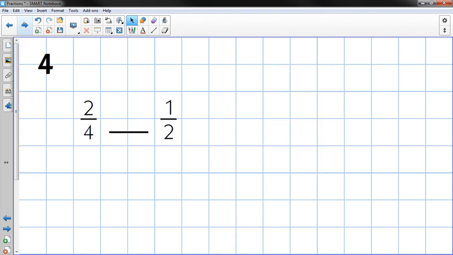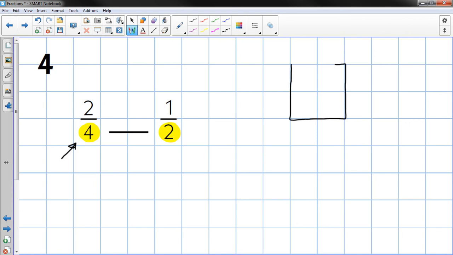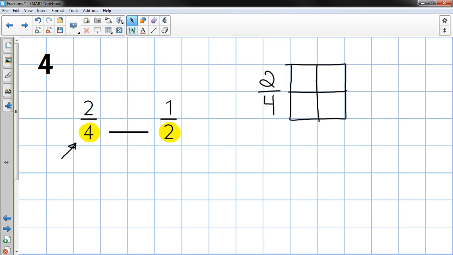Number 4, last one, then you're going to do a couple on your own. 2/4 and half. Well, there's the 4 and there's the 2. And I'm going to build a rectangle that is made of 4 pieces. Like that. And I want to show 2/4. So I need to shade in 2 of those 4. 1, 2.